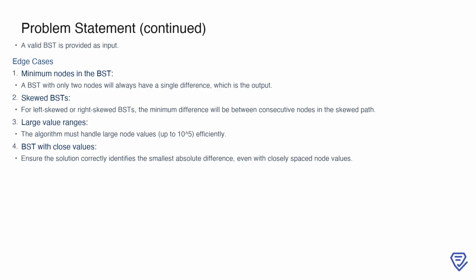Third, the algorithm must efficiently handle large values, as node values can go up to 100,000. Finally, when node values are very close to each other, the solution must ensure that it identifies the smallest difference accurately, regardless of the BST structure. These constraints and edge cases help refine the solution and ensure its correctness across a variety of test scenarios.